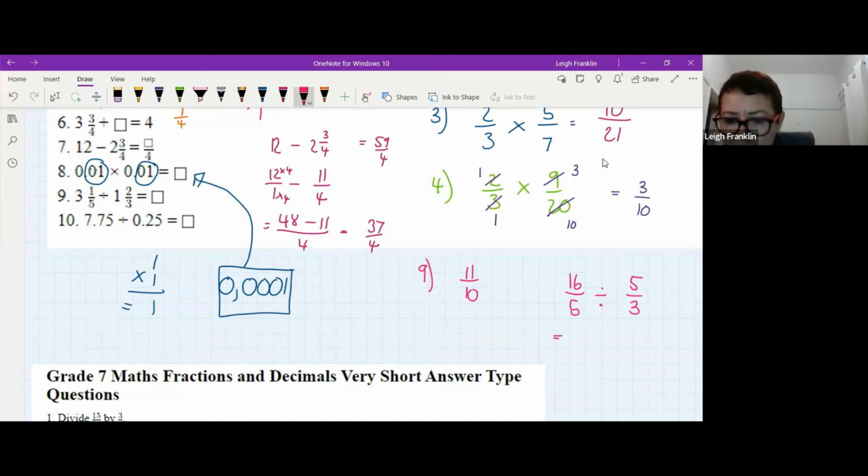And when we divide fractions, we've got to keep the first fraction the same, and now we've got to flip the fraction that follows. So that's going to be 3 at the top and 5 at the bottom. And that gives us 48 over 25 is what I'm getting.